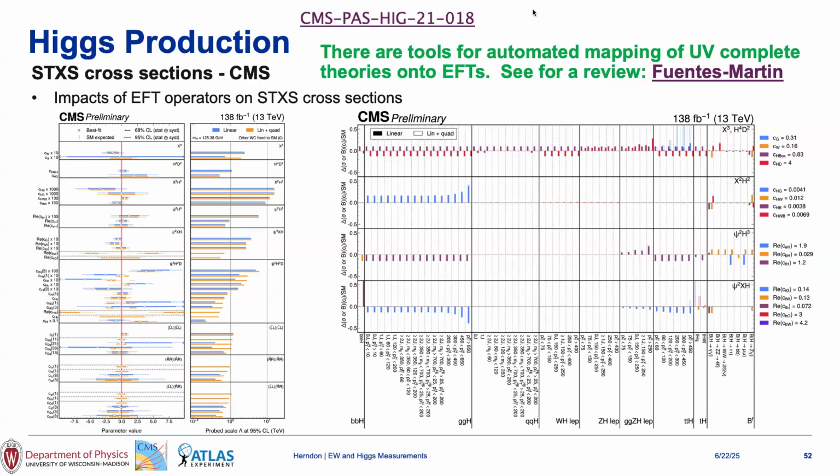But then I noticed that if I have that lowering, I also would expect to see an effect over here in GluGluH, and the GluGluH cross section looked pretty much as expected. But you could test each operator this way, and now they have a framework that allows you to do that, to see pictorially what the effect of any operator is in all the cross sections that you measure.